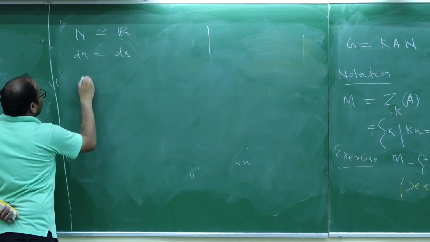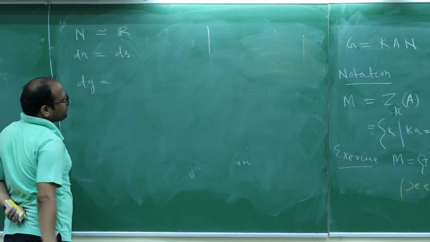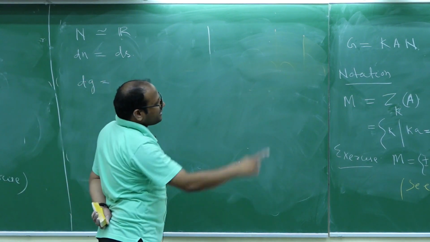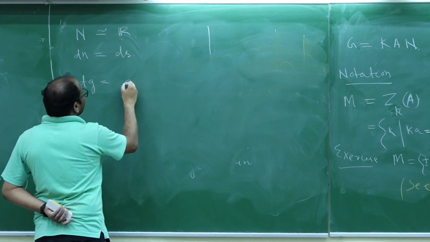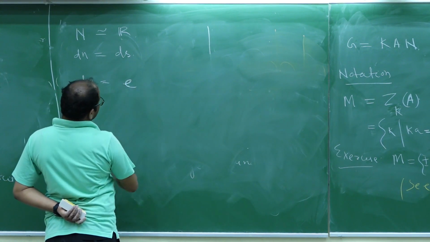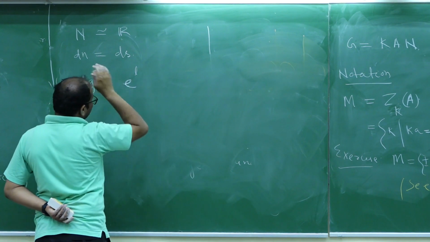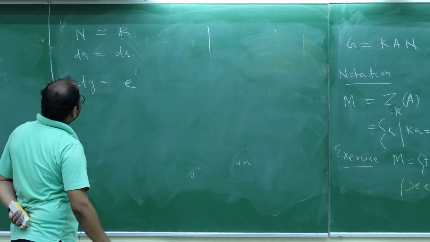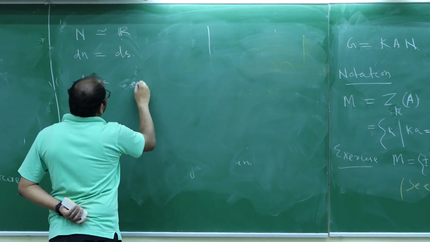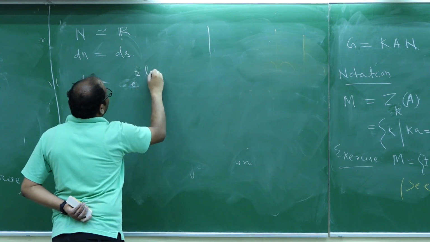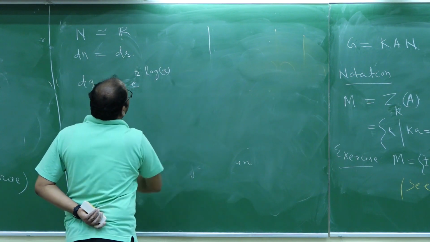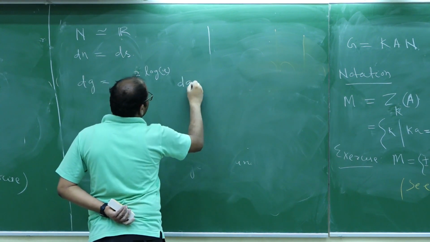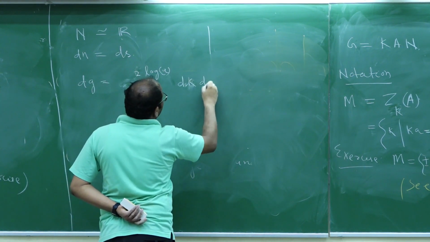So I can define a new measure on G: dg equals e to the power 2 log a dk dA dn.